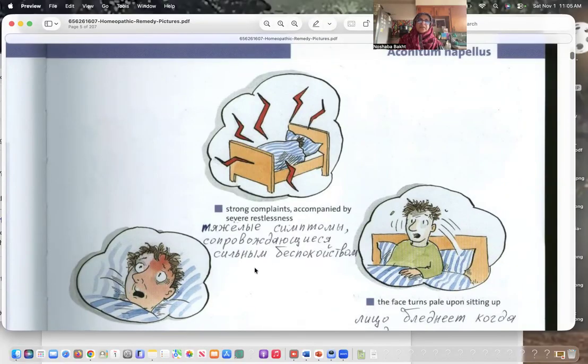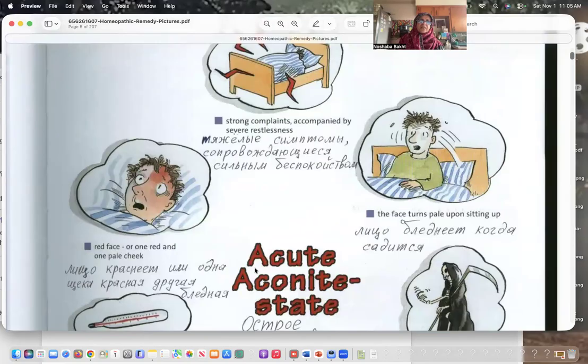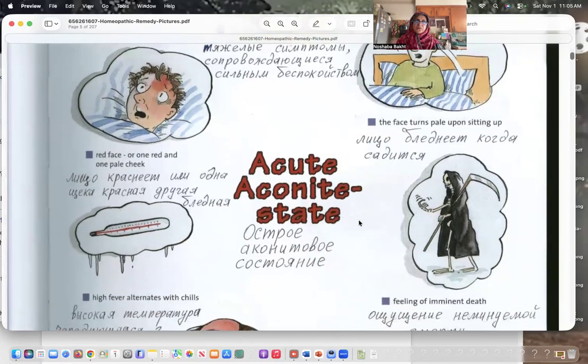If the person is severely restless and says death is coming, this is a very important sign. One side of the face is red and the other side is pale. This is a keynote, a very typical symptom for which you can give aconite. Or when the person gets up, the whole face turns pale and they are very fearful.